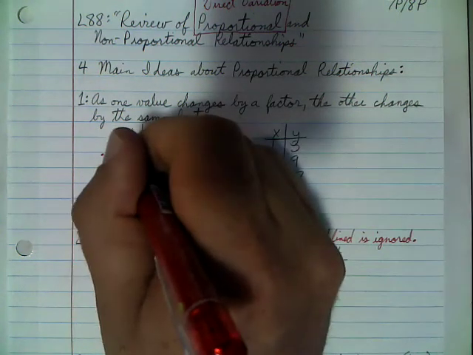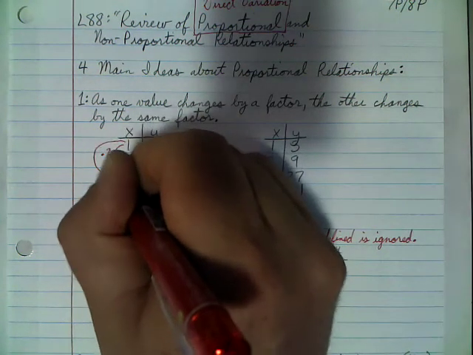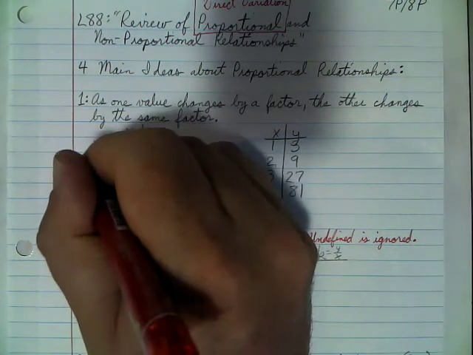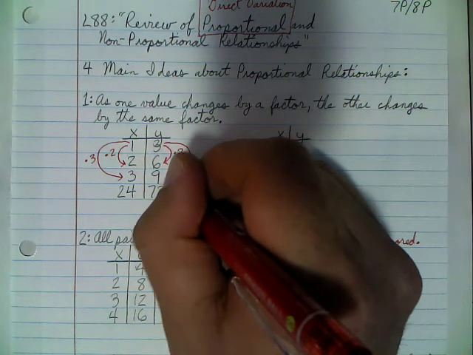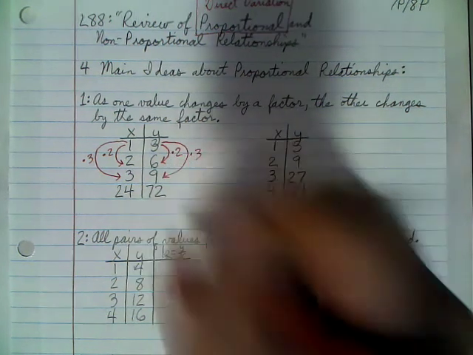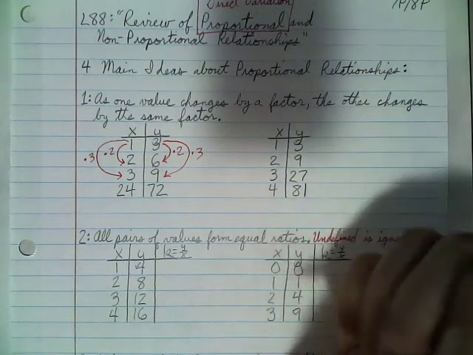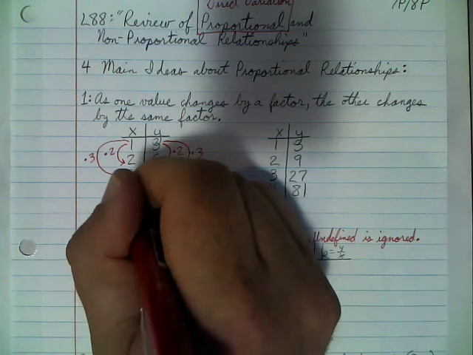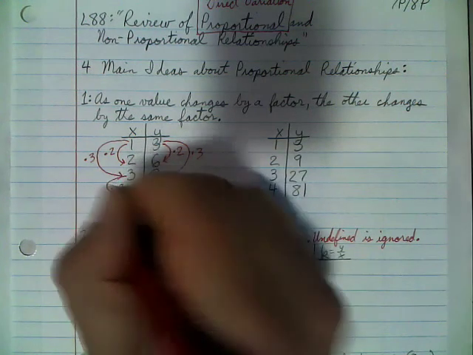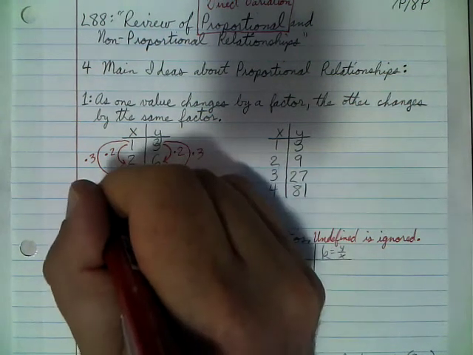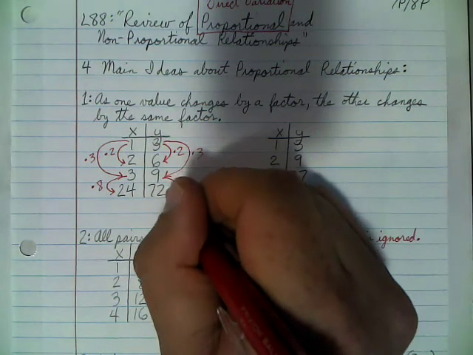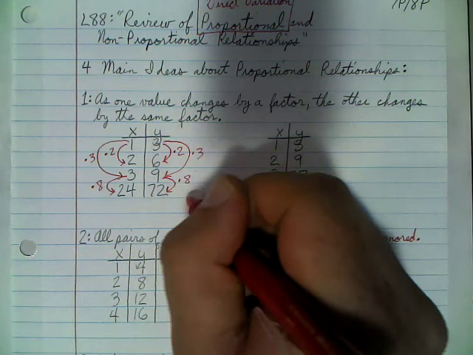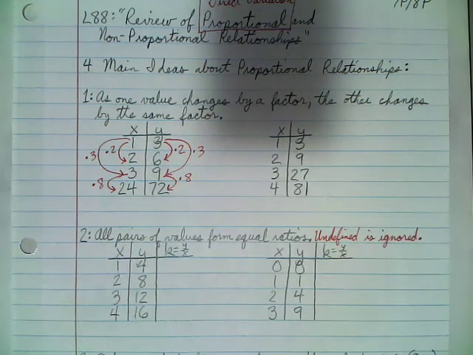If I move from here to there, we have to take 1 times 3 to get that 3, so it should be 3 times 3 to get that 9. And that does certainly work. Or for that matter, if I were to go from the 3 here to the 24, well, it's 3 times 8, that would give me a 24. So then this 9 times 8 should give me my 27. And sure enough, that works.